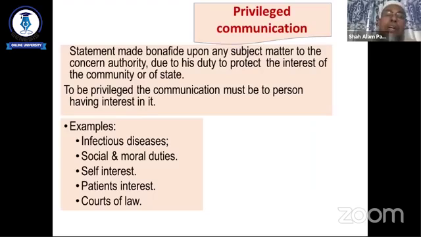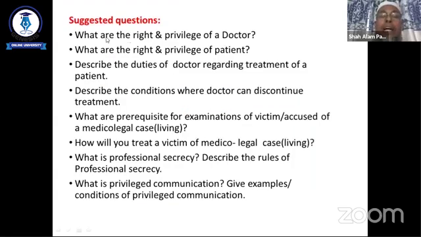This is in short, we discussed all about the duties of a registered medical practitioner, and there are some suggested questions for you. What are the right and privilege of a doctor? What are the right and privilege of a patient?